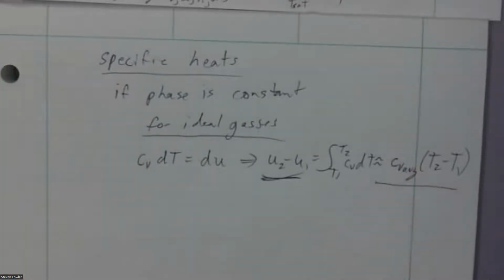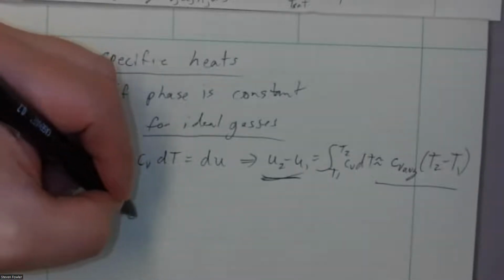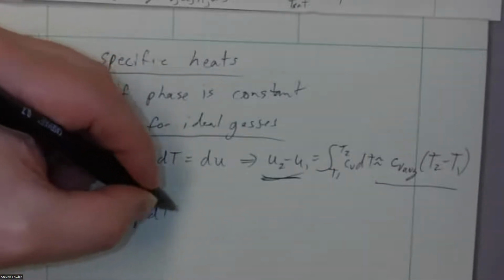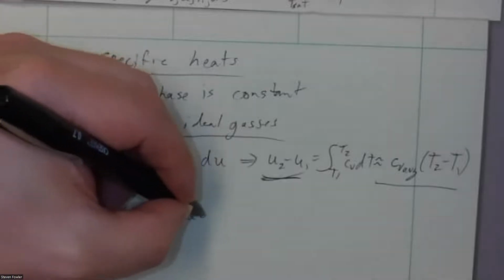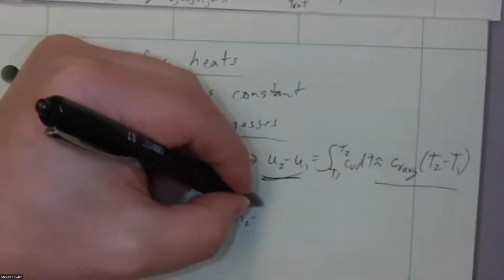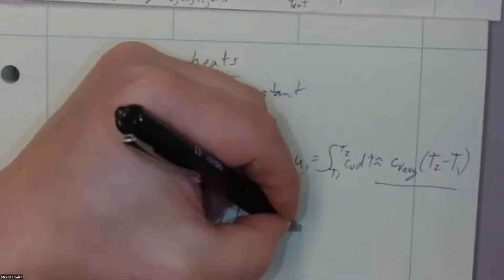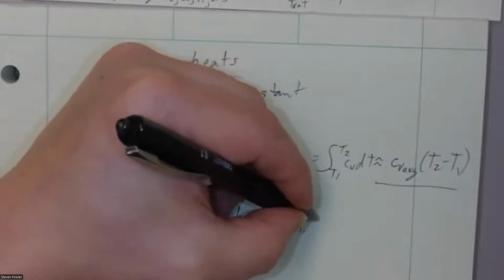We just use the average temperature to find C sub V average. We can do the same thing with delta H. C sub P dT represents dH, change in enthalpy. And so H2 minus H1 is equal to the integral from T1 to T2 of C sub P dT.